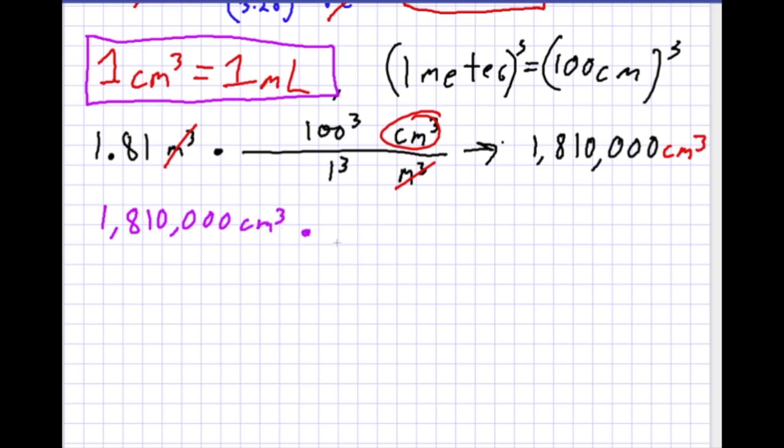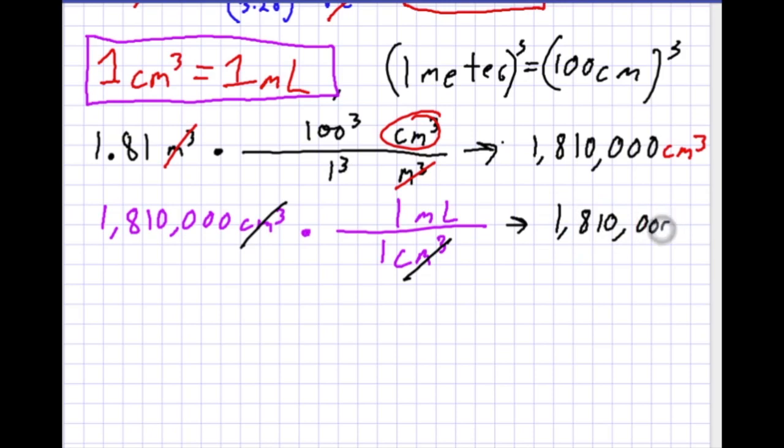Well, I have cubic centimeters on top here. I need cubic centimeters on the bottom here, and 1 milliliter on top. I look, cubic centimeters cancel out. All I have to do now is just multiply through, and this one's easy. That leaves me with 1,810,000 milliliters. That's a nice, easy conversion.